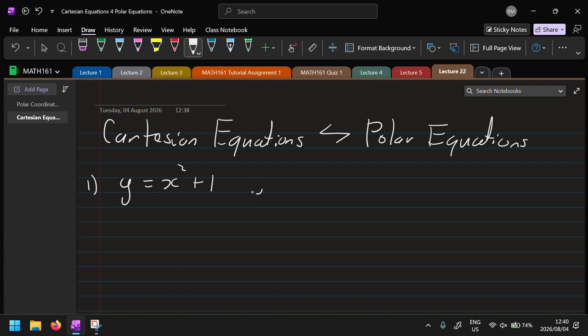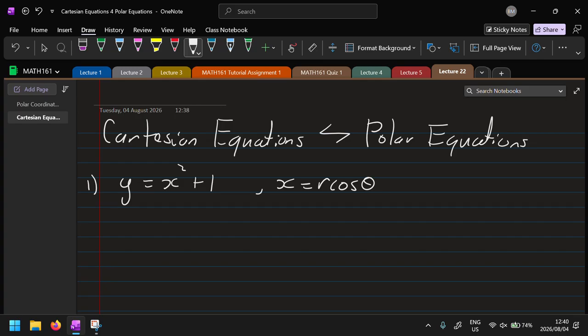Well, we know how to convert x. So going from x to r and theta, what is that going to be? I've got an x there, I've got a y there, and I want this to become something with r and theta. What can I substitute? X equals something that we can use. R cos theta. Good. And y, we need to convert that as well.